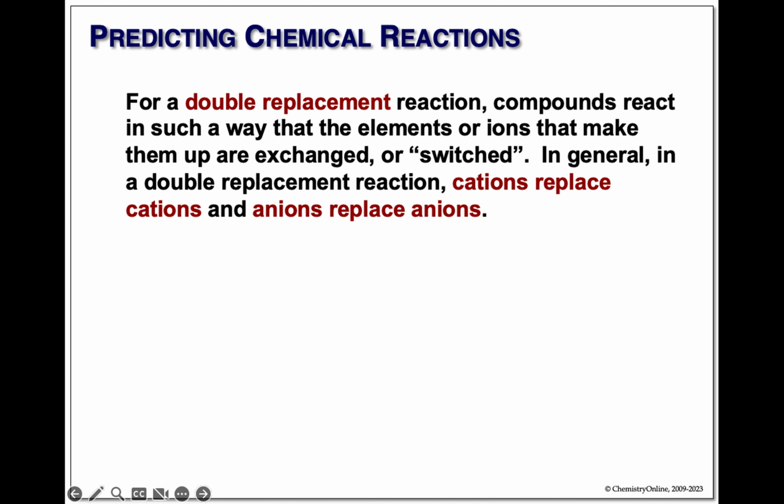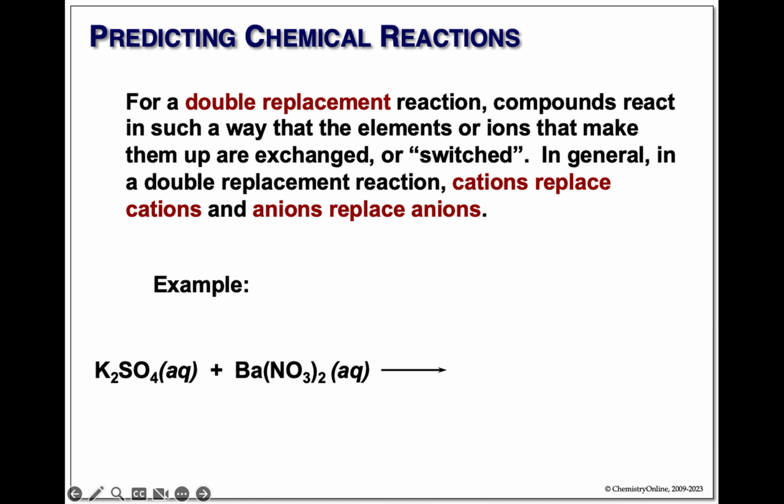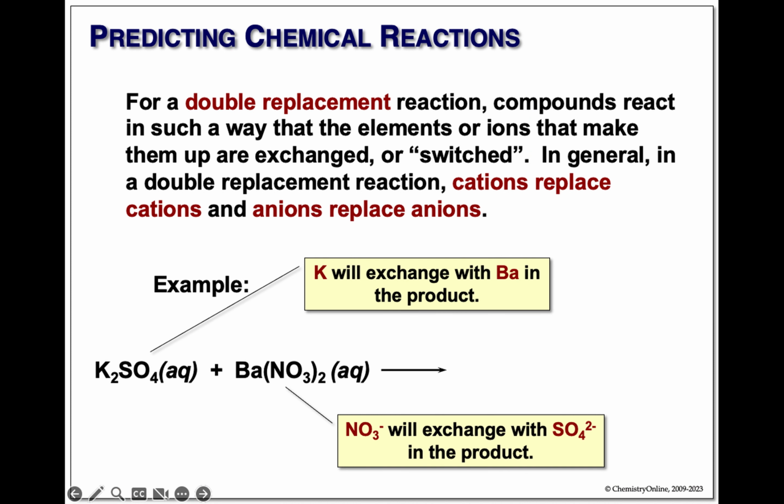All right, double replacements. Again, I said these are reactions in solution. In order for the reaction to go, something that's formed must be insoluble. Here we have potassium sulfate, barium nitrate. In a double replacement, we swap ions, so we'll get potassium nitrate and barium sulfate.